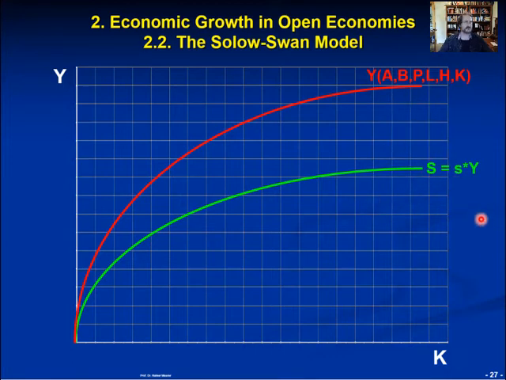For a hypothetical value of the savings ratio of 100%, the savings function would be equal to the domestic production function of GDP. Of course, this is not realistic, so typically we have savings ratios significantly below 100%.